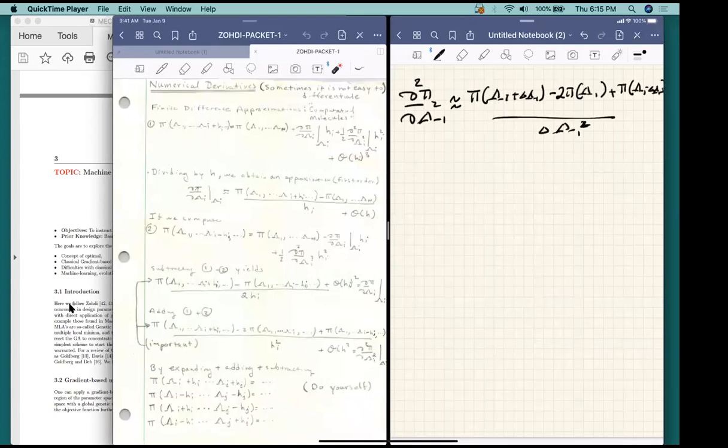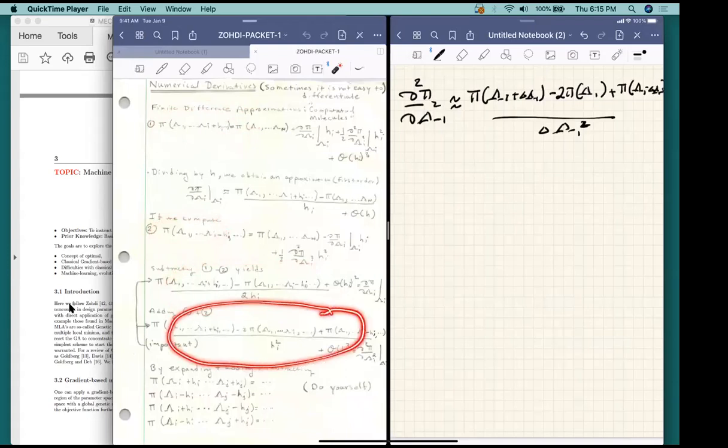That's sometimes called the central difference approximation of a derivative. What I show you here is how you derive that approximation, again by doing Taylor series expansions, and you can get that whole thing right here.